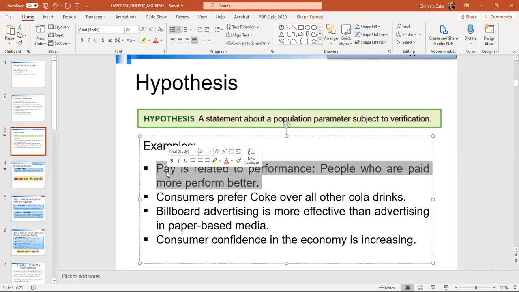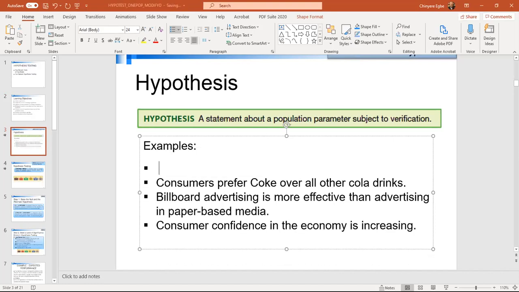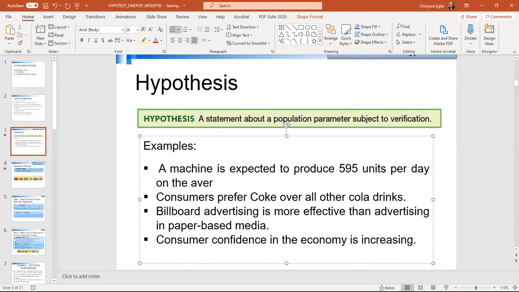I'm going to provide a simple example. Here's an example that I'm going to try to use. For example, we'll say a machine is expected to produce 595 units per day on the average.